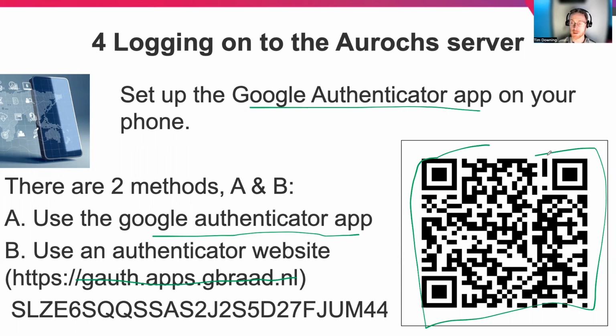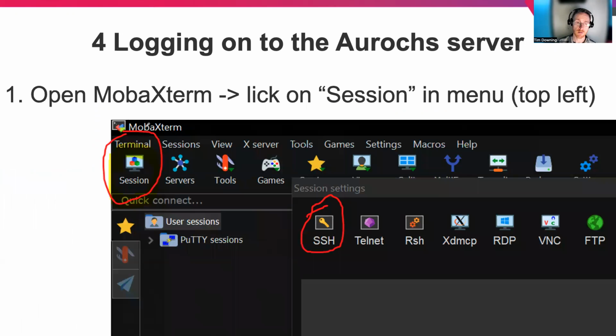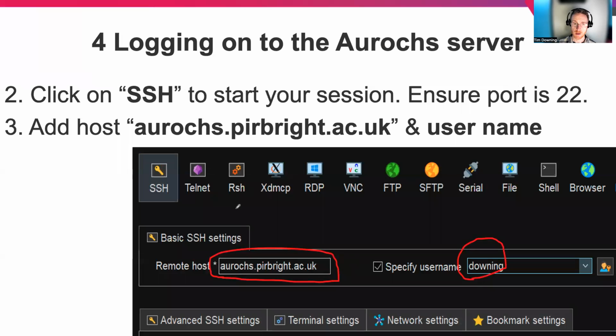When you launch MobaXterm, what you need to do is go to File, to Terminal first, and open a session. From there, you'll see a range of options on the menu, and you want to go to this red one with the SSH symbol here. Click on SSH, and what you do next is put in your host name, which is orx.perbright.ac.uk, and then your username, typically your surname.